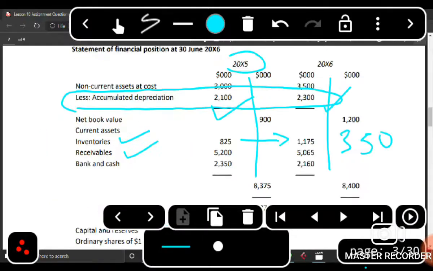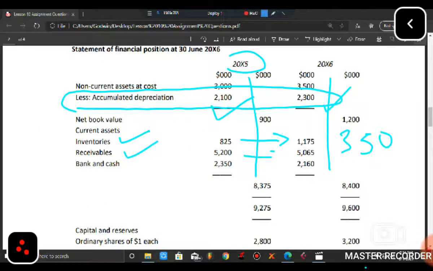Now on our receivables part, you see that our opening was 5200 and our closing was 5065. There was a decrease in receivables, so this will become a positive. Why? It's because people who are owing us money have now paid us. That's the reason why it has decreased from 5,200 to 5065.